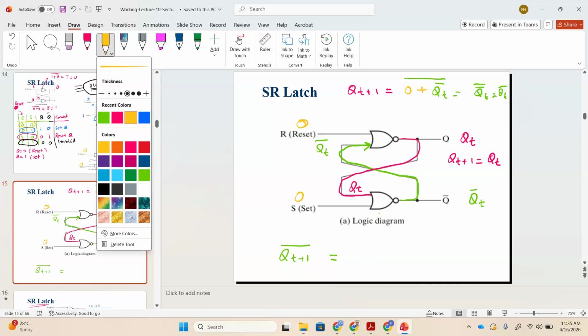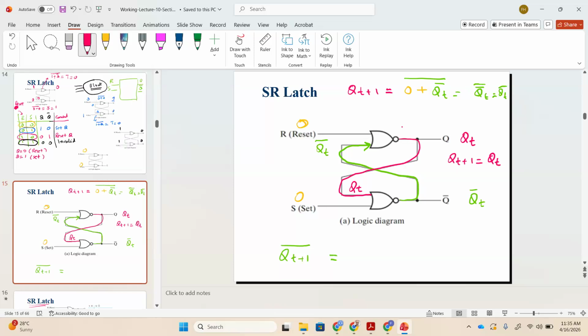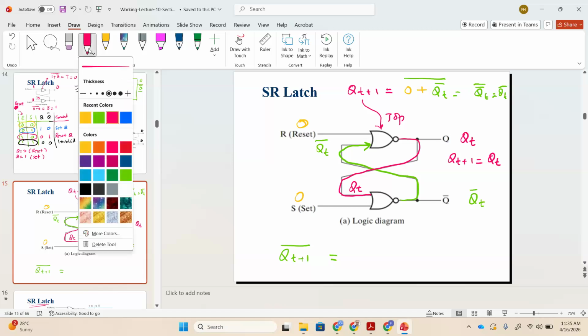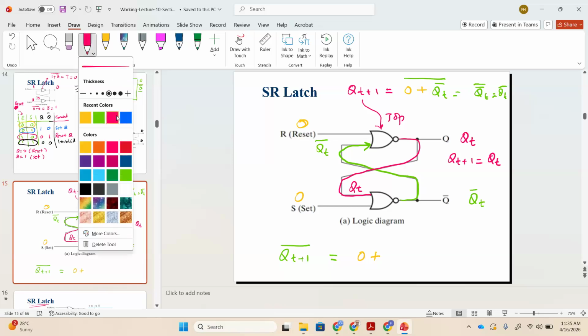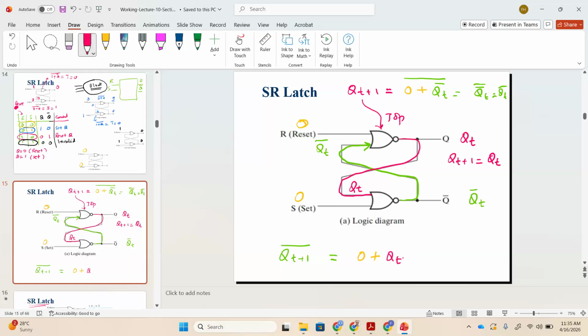No. Because please remember, for this Q_T plus 1, this is my output. For this we are considering the top gate. And for the Q_T plus 1 bar, what will be the input? Anyone may help. It is 0 plus Q_T and then whole bar.